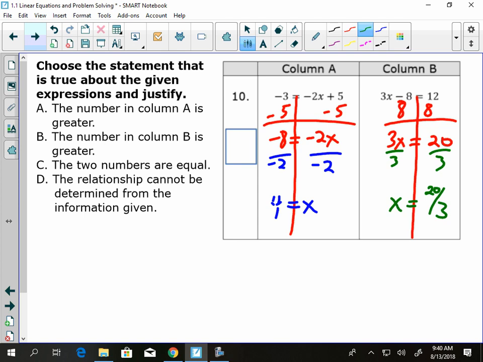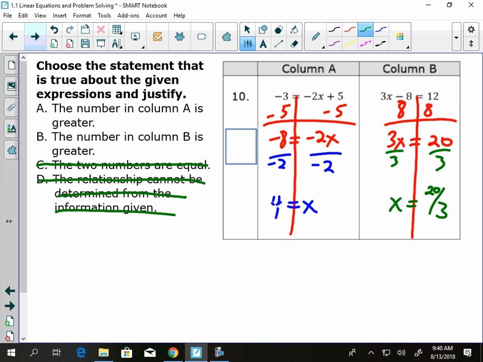we come back over here, we have to know some things about the numbers. The number in column A is greater. The number in column B is greater. The two numbers are equal. I know the relationship can be determined. So now I either have A or B, and at this point, you all just guess, because you're like, I don't know what 20 over 3 is.